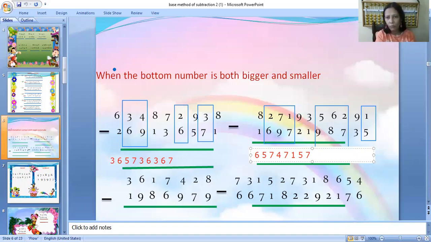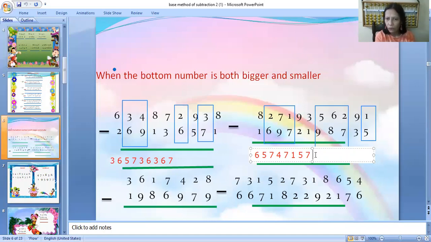Okay. Now move to the next pair. You see you need the borrowing in this case. So look at 7. What is the complement of 7? 3 is the complement of 7. What will you do with this 3? 3 plus 2 is 5. So will you write 5 here? No. Why will you not write 5 here?